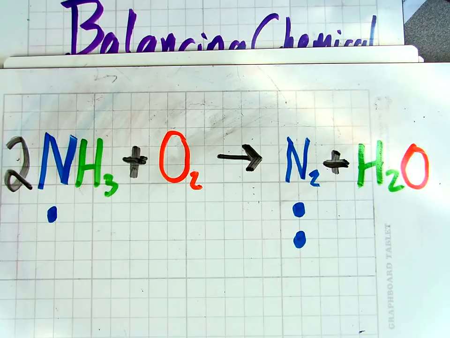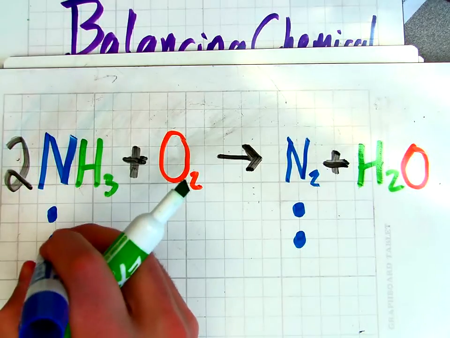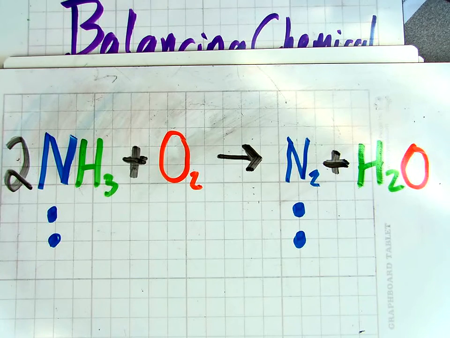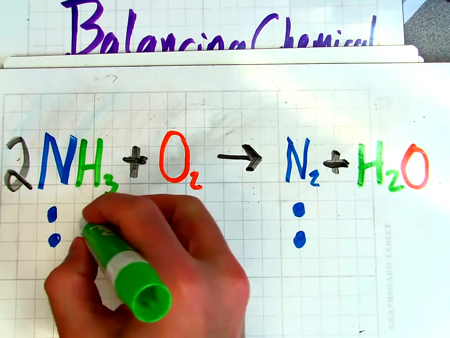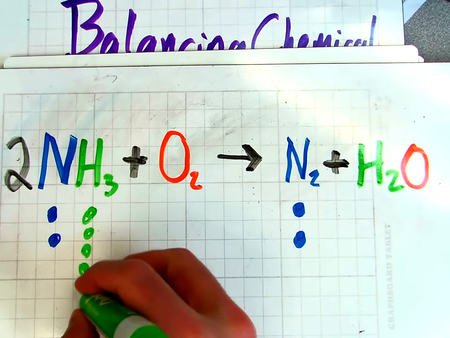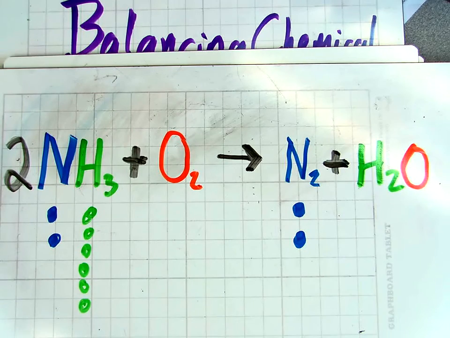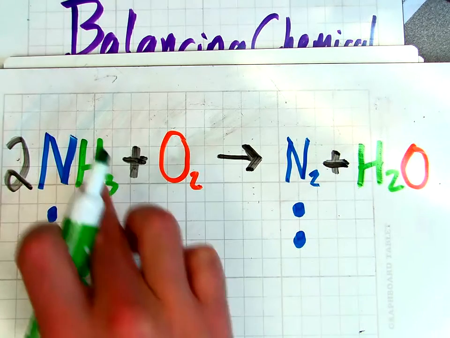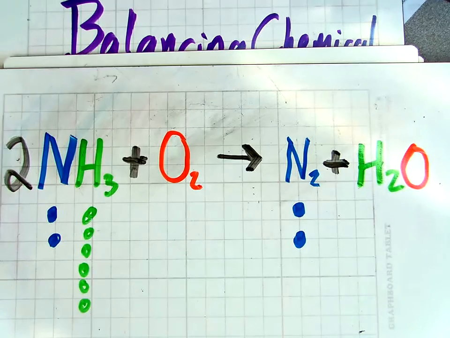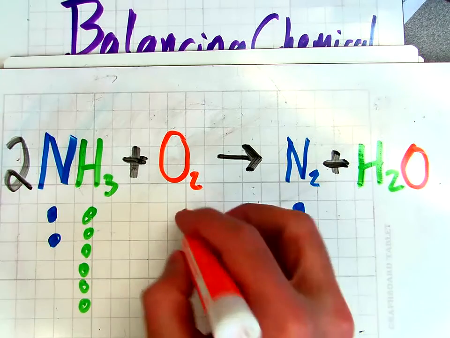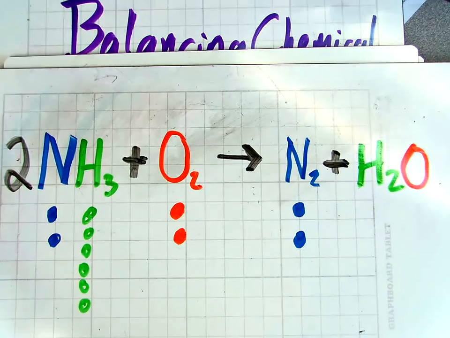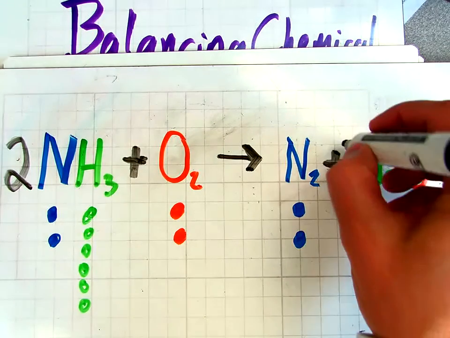So, now with that 2 coefficient there, I've got 2 nitrogens. But I've also got 1, 2, 3, 4, 5, 6 hydrogens, because 2 times 3 gets me 6 hydrogens. So I've got 2 oxygen. Now on this side, I've got 6 here, 2 here. I'm going to have to multiply this through by 3.